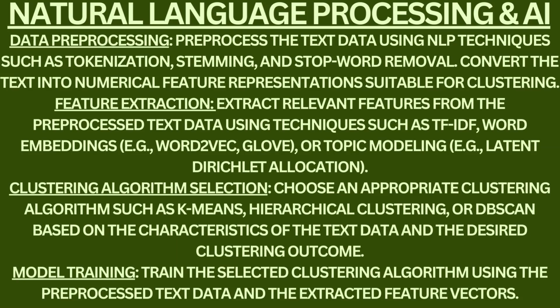Choose an appropriate clustering algorithm such as k-means, hierarchical clustering, or DBSCAN based on the characteristics of the text data and the desired clustering outcomes. Model training. Train the selected clustering algorithm using the pre-processed text data and the extracted feature vectors.